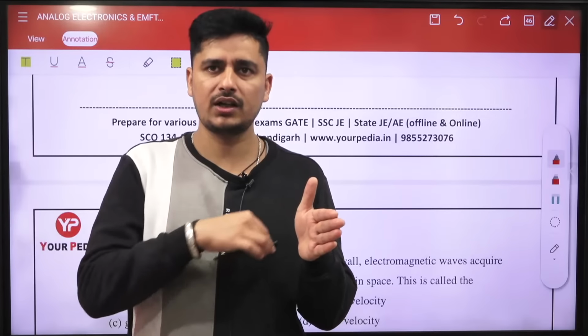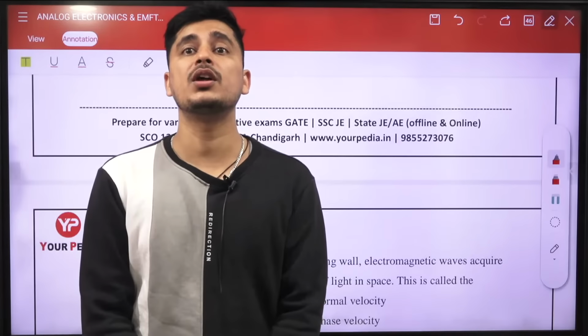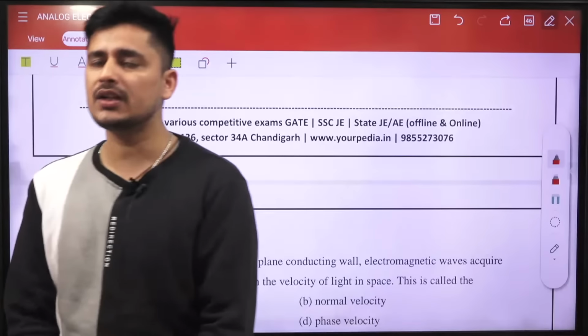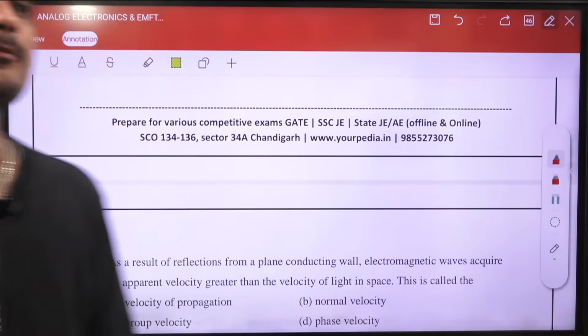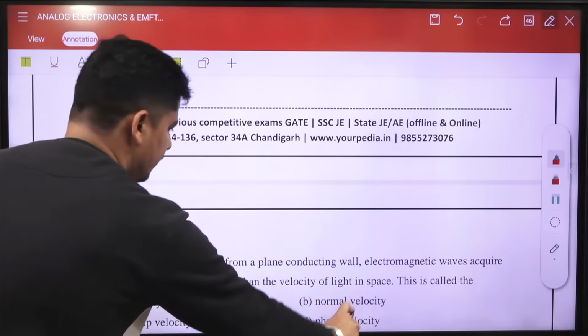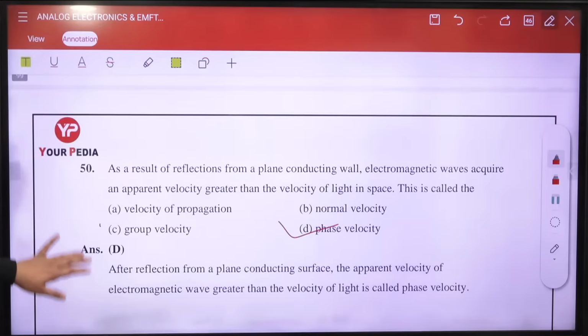It will go here like that. So it will be propagating with a higher velocity. That is called the phase velocity. So generally, the phase velocity will be greater for the EM wave in the bounded medium. So note this, the phase velocity, right? So the answer will be D.